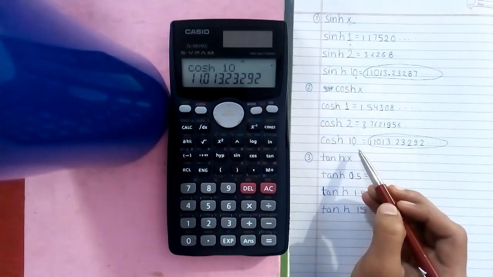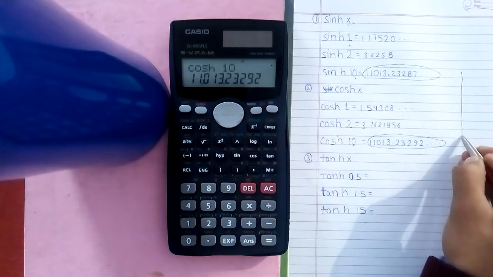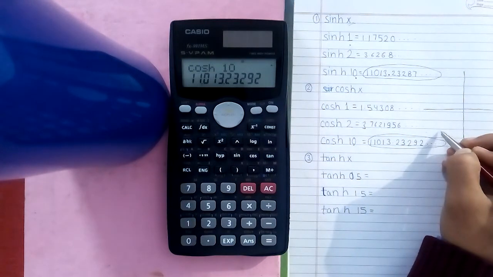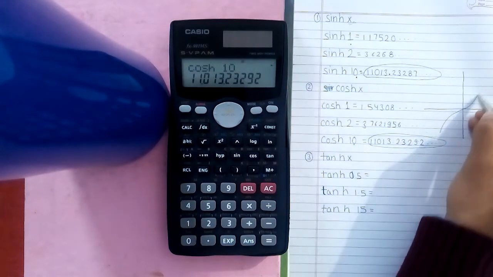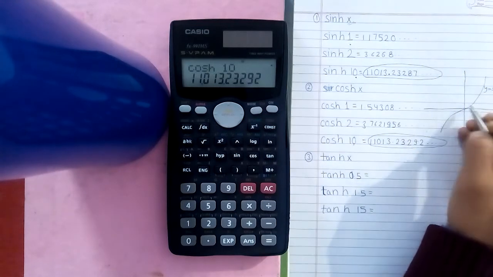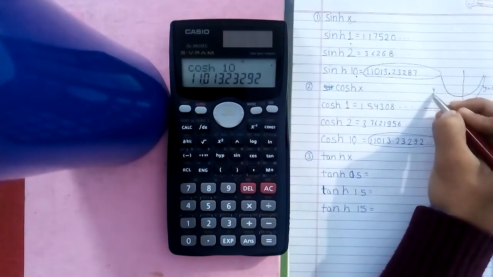The reason is that when you plot the graph of sinh x and cosh x, the graph is something like this: y is equals to sinh x and y is equals to cosh x.